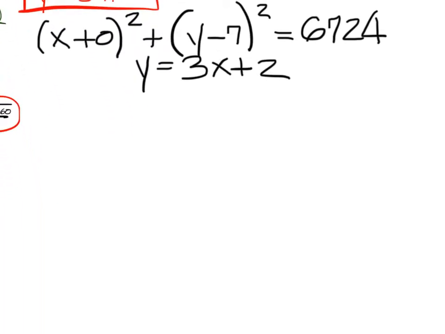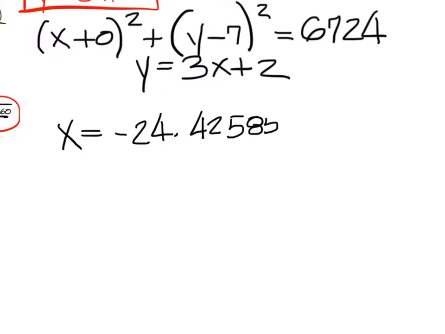Alright, so let's go here. And B was this, the other x value. If you go to your calculator, alpha B, it is negative 24.4258582.